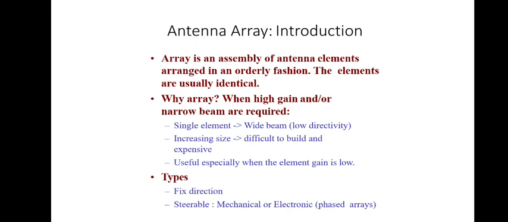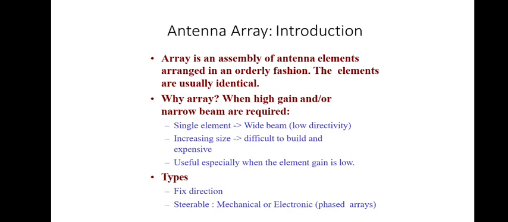It comes in two forms: one is mechanical, another is electronic. Mechanical is also available, but it gives a little inaccuracy. The electronic phased array gives accuracy with very fast movements and excellent performance compared to the other.